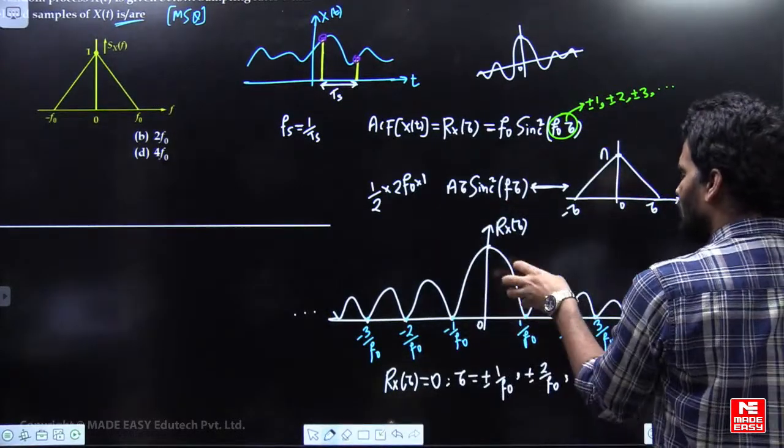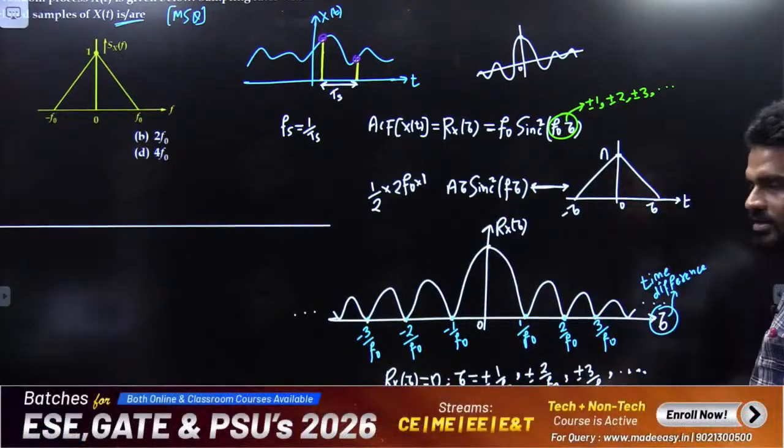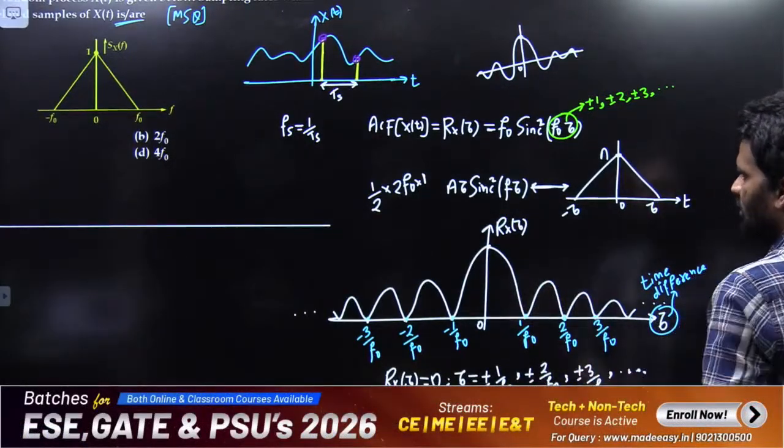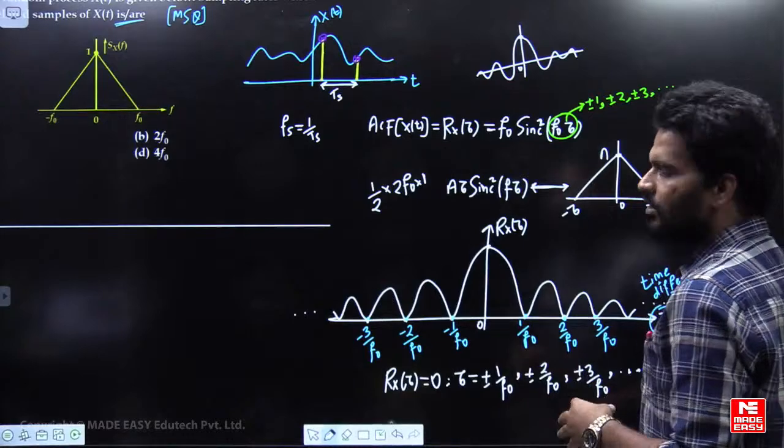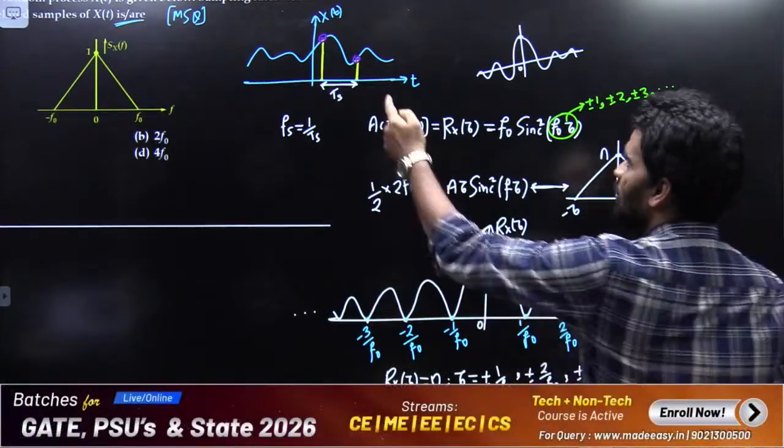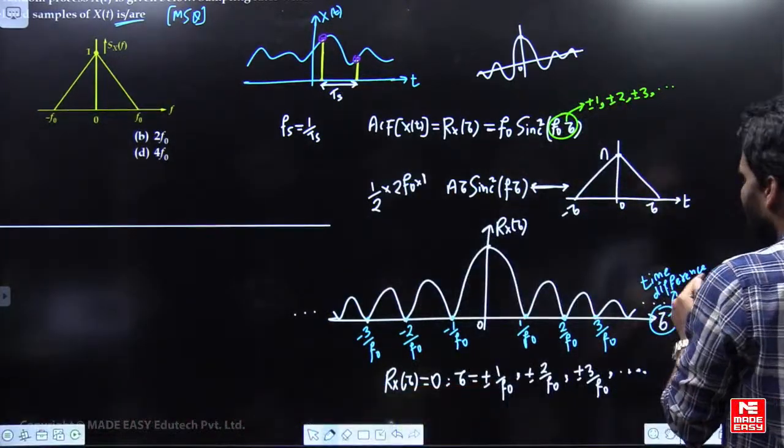With this plot of Rx(tau), I am trying to estimate the correlation between the sample points with the time difference of tau.